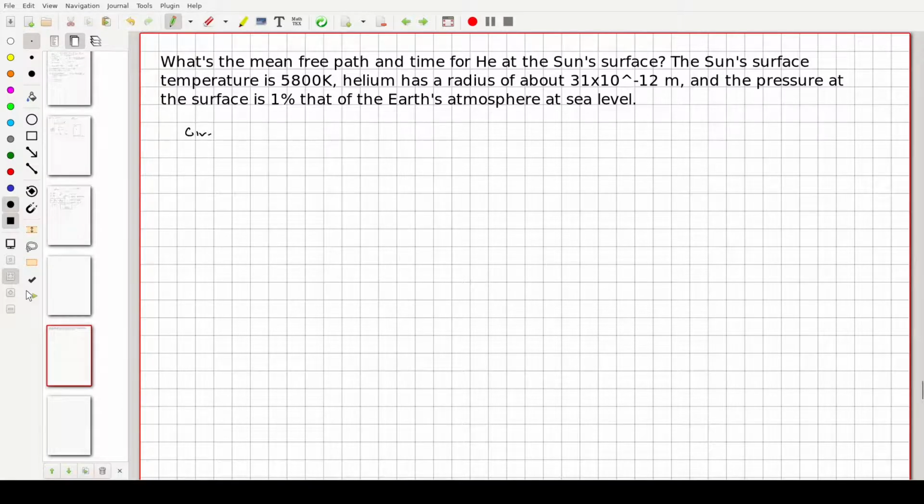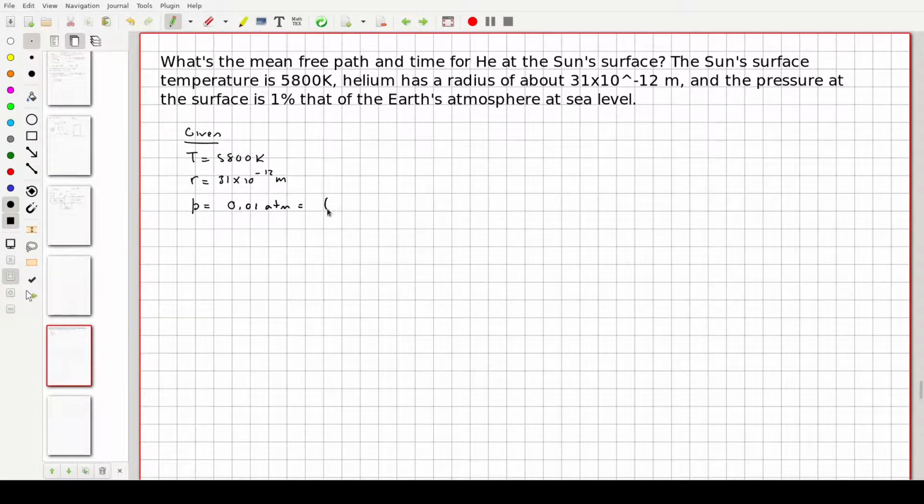Okay? So what we've been given here is a temperature, a pressure. Go ahead and write the radius down first, though. So a radius, a pressure, which is 0.01 atmospheres.